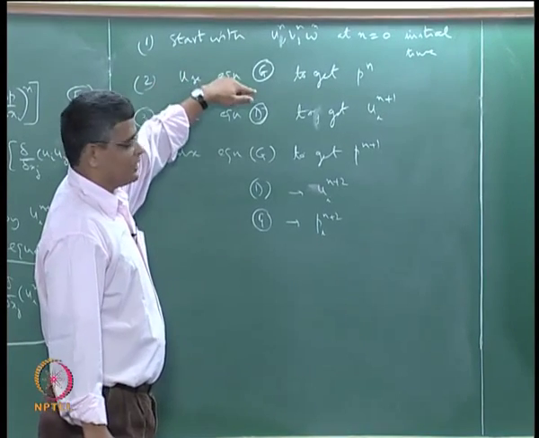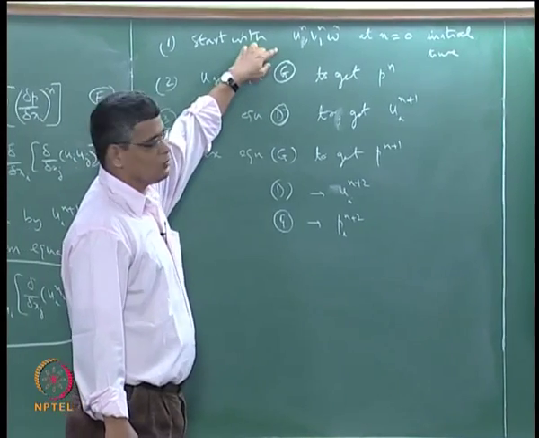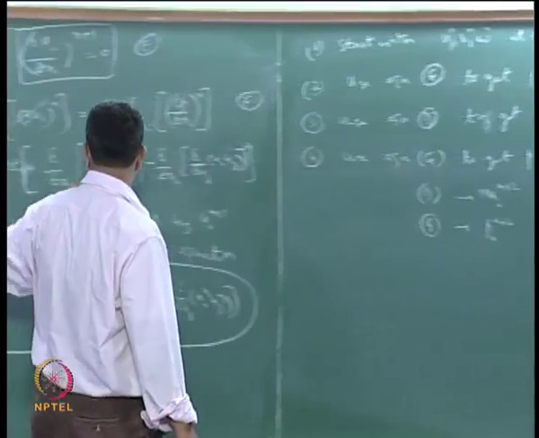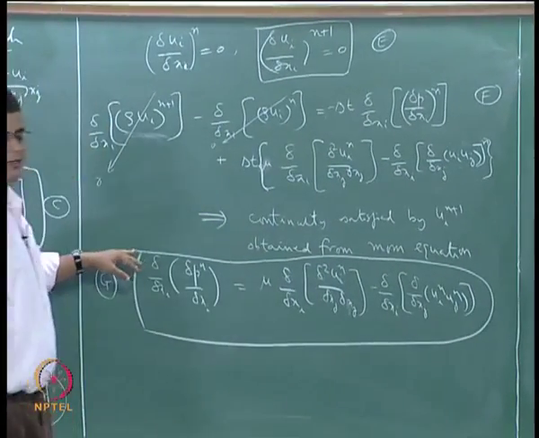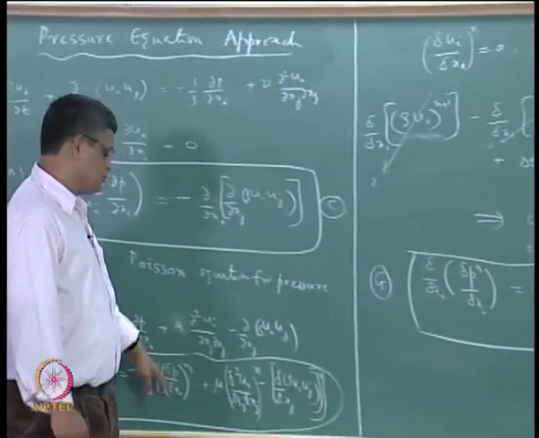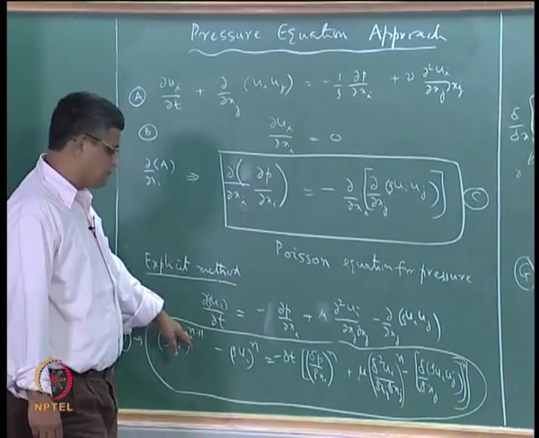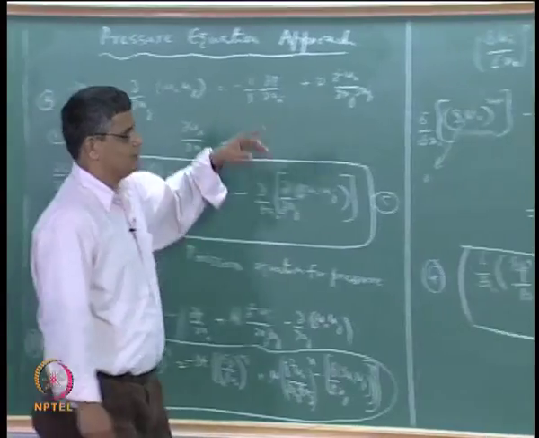Okay, so we evaluate a pressure here from a known velocity field, subject to the condition that the evaluated pressure, when put in the momentum equation, will give us a velocity at the n+1th time step which satisfies the continuity equation.